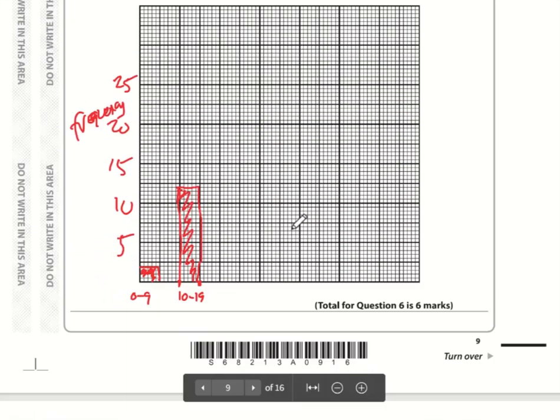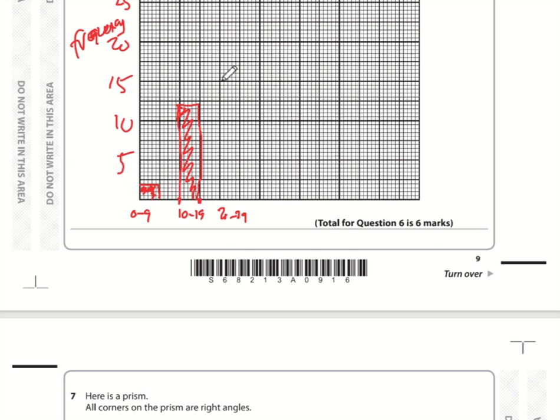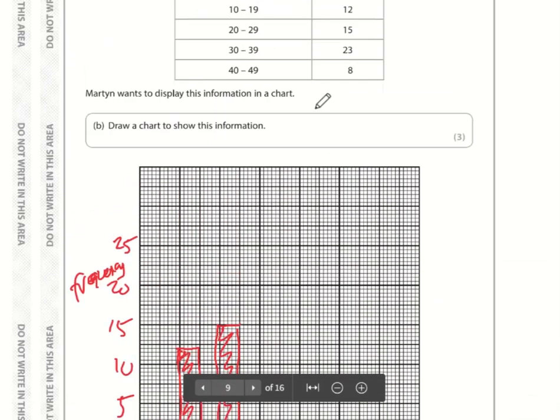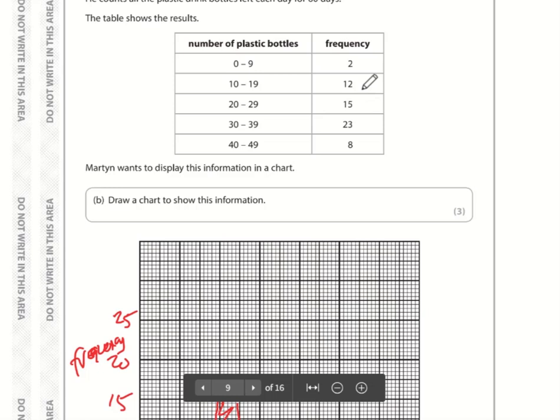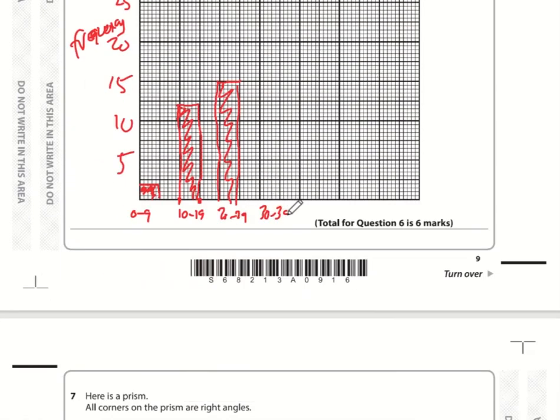20 to 29 is 15. So 20 to 29 goes all the way up to 15. At least that's a nice easy one to get right height-wise. 30 to 39 is 23. Okay, so 23 is just 1 above this line here, so there.